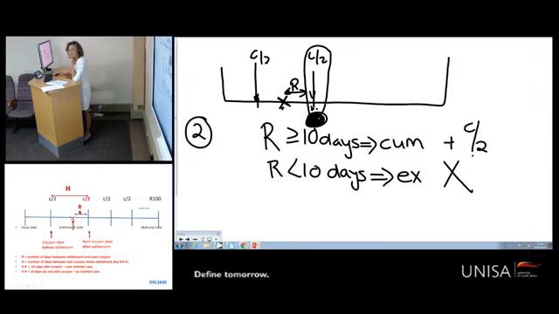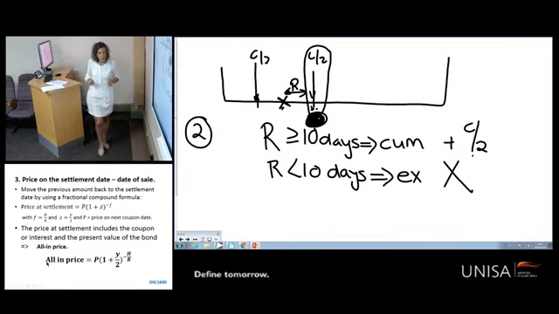And then something else that we also need later on is the H value. The H value is the value between the coupon before the settlement and the coupon after. So the number of days between the coupon date before and the coupon date after is called the H value.